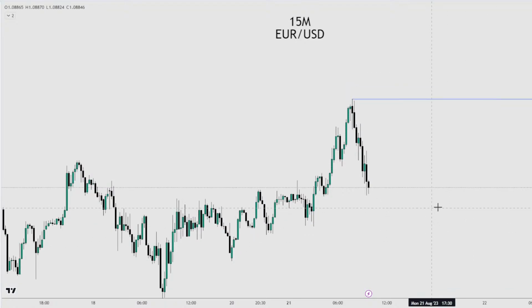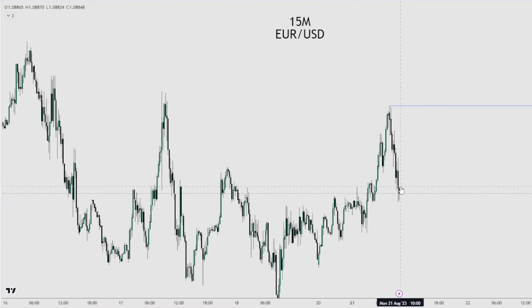It's EU 15 minute. EU closes at 10, right? I mean the kill zone. Yeah, it closes at 10, but it can be extended till 11 o'clock.